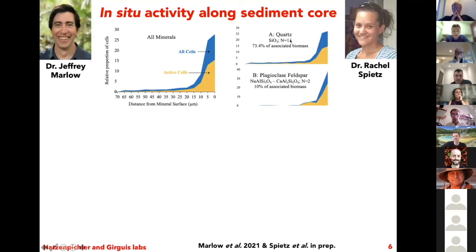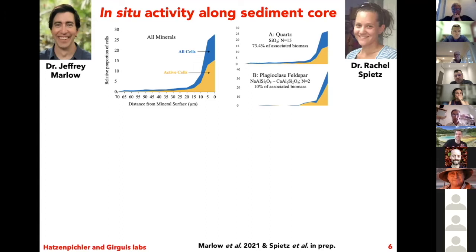In this particular case, we looked at 15 different quartz particles, and we saw that about 10–15% of the total biomass is within 5 micrometers of these quartz particles and is also translationally active. An additional 12% or so is also within a distance of 5 micrometers, but is not translationally active.